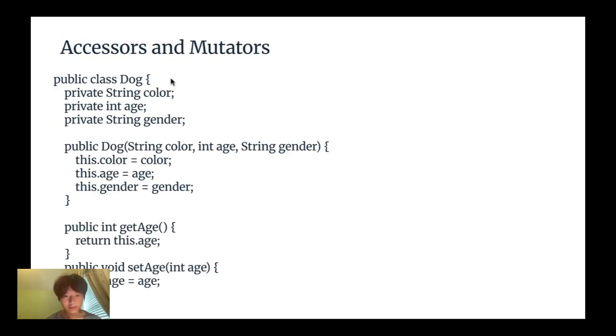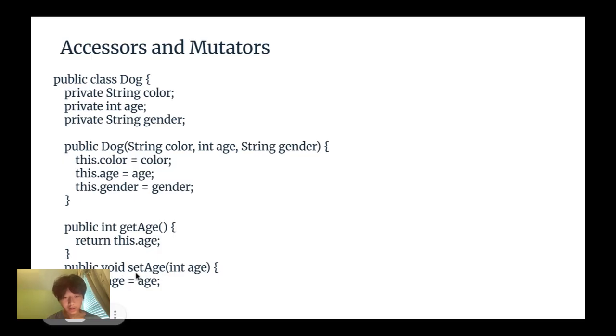And we also have accessors and mutators. They're also methods, and you can see here, these are the safety contracts that we were talking about earlier, where if you want to get the value of these attributes or manipulate the values, you have to do it from these methods, and you can add some sort of restrictions here.